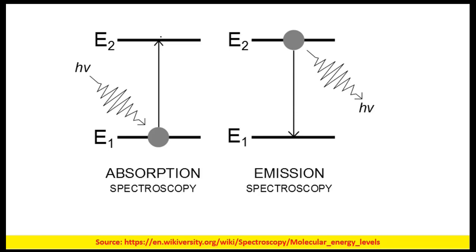Now it stays over there for some time, and after some time this electron comes down to its ground state, and while coming down it releases an energy, because over here it is at a higher energy, and when it comes down to the lower energy level, it releases that extra energy, and that extra energy is being detected.